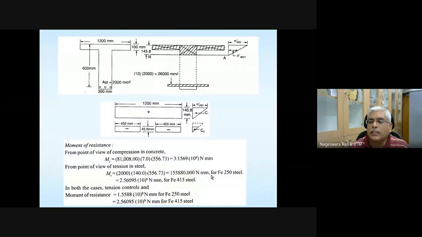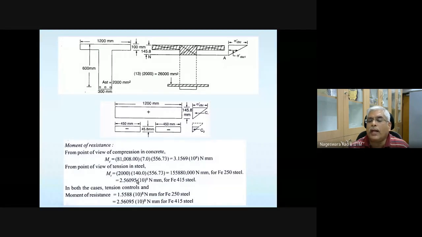Two types of steels are considered here. Fe 250, what is the MT value, and what is the MT value if it is Fe 415?